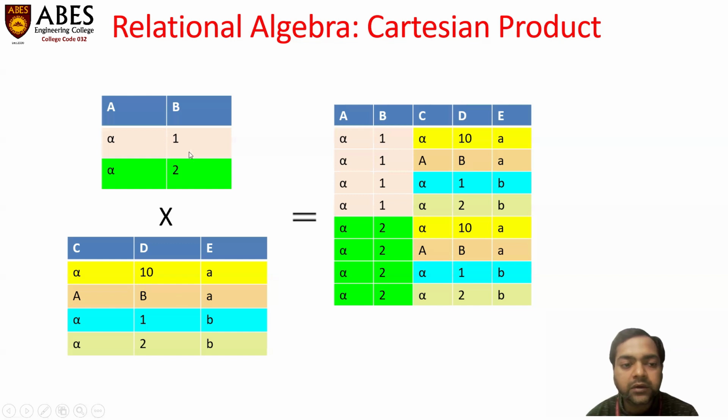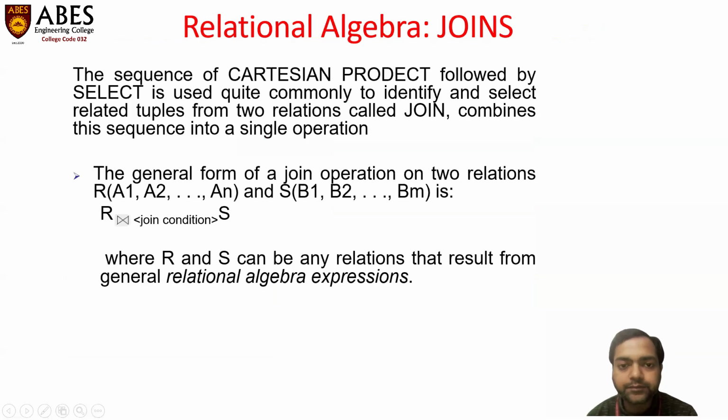So the first tuple of R1 makes combinations with all the tuples of the second relation. The second tuple of relation R1 will also make a combination with all the tuples of relation R2. So we get 8 tuples and a total of 5 attributes. Next we have joins.